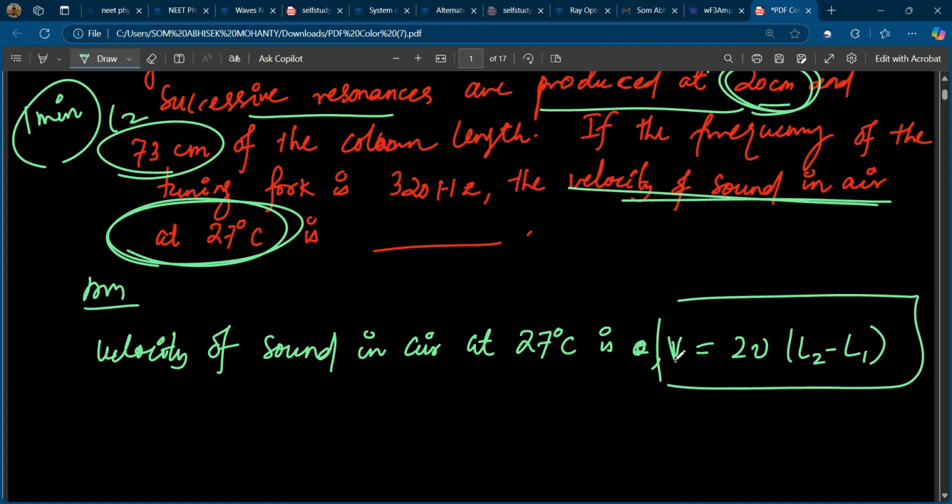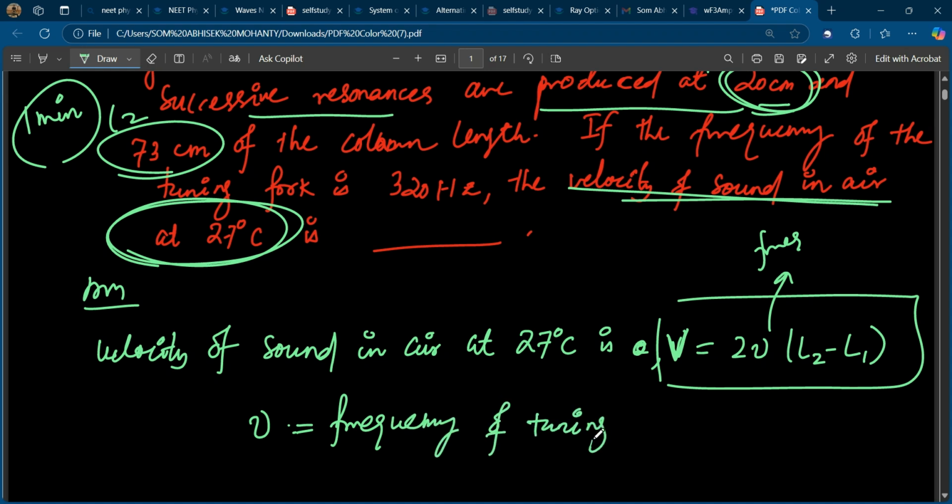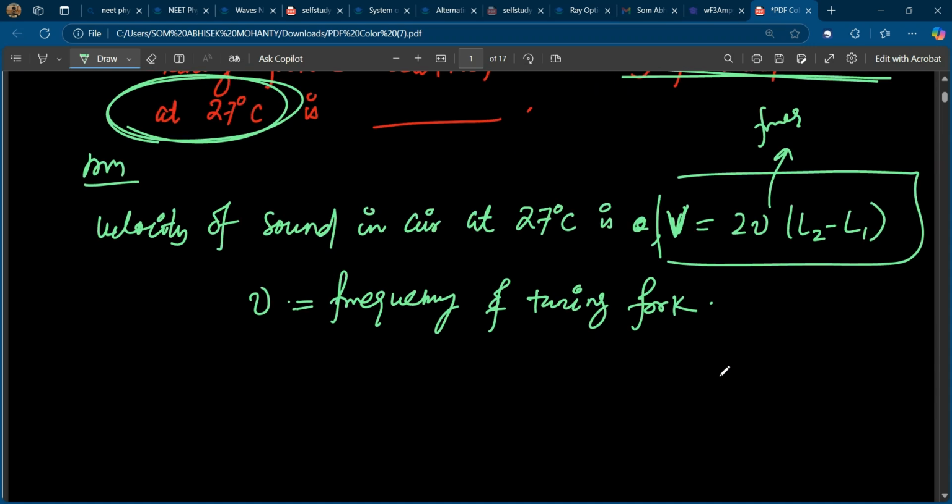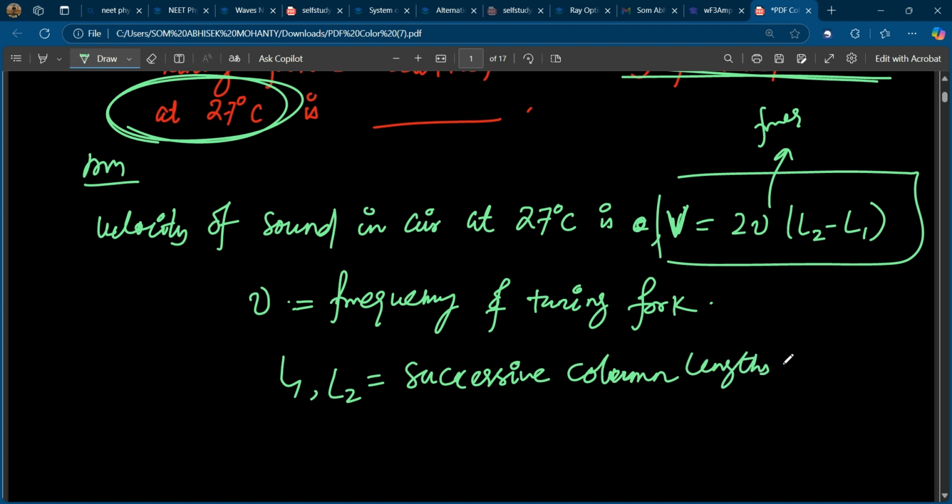This is velocity v, this is ν, the frequency of the tuning fork, and L1 and L2 are successive column lengths.